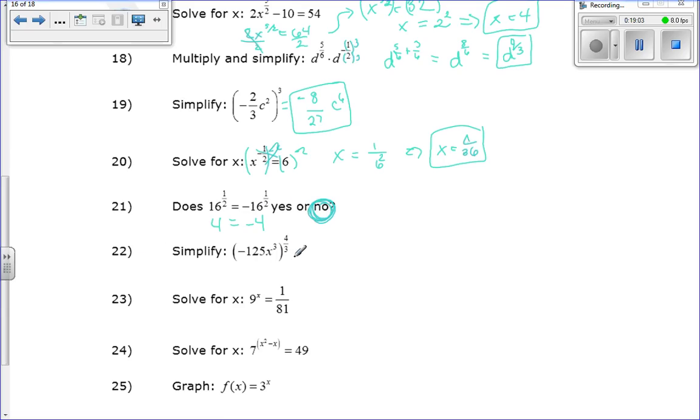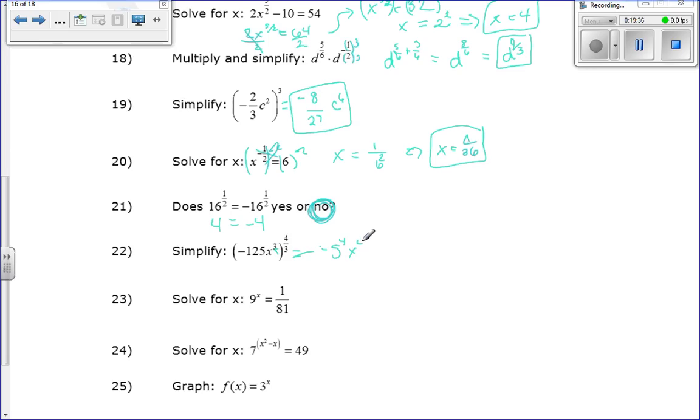For number 22, we just need to simplify negative 125 x to the third raised to the 4/3. So I need to take negative 125, raise it to the 4/3 power. So the cube root of negative 125 is negative 5. Okay. I'm going to raise it to the 4th power. And then what's going to happen here is that if 3 over 1 are multiplying, those cancel out.